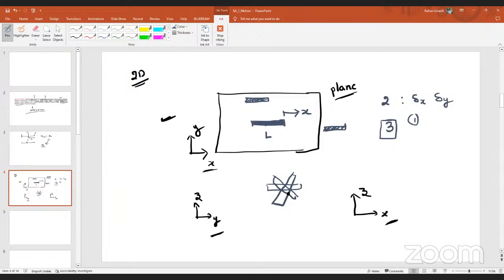So if I'm talking strictly about XY plane, if I take any object, how many motions are possible? It can move along X, it can move along Y, and what about the other motion? Rotation, isn't it? Yes, sir.